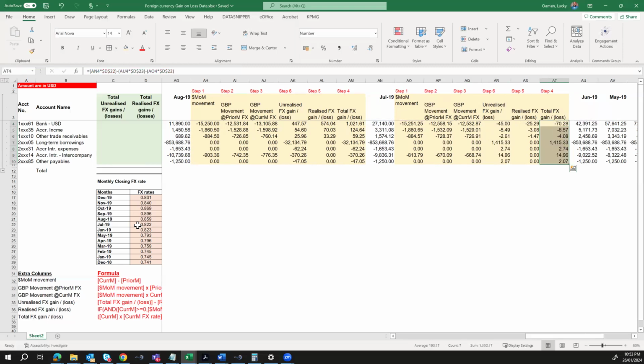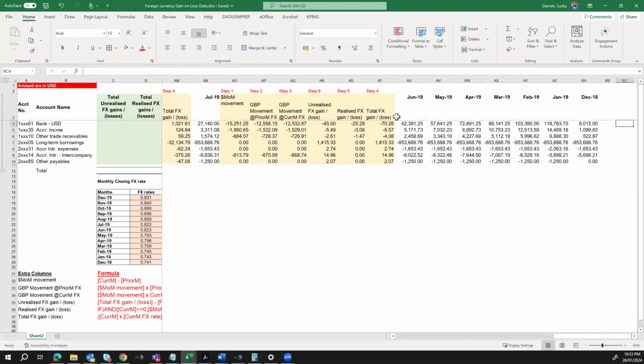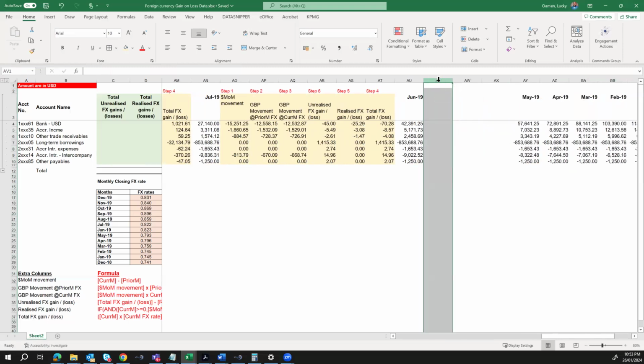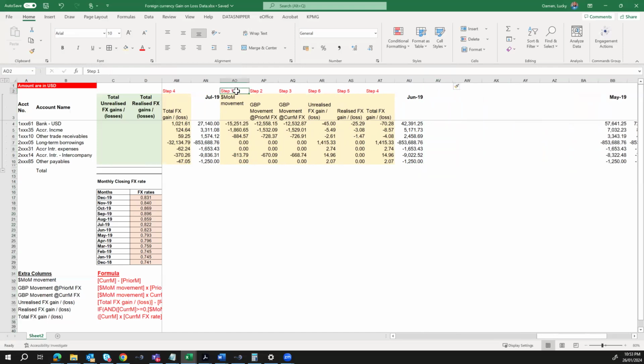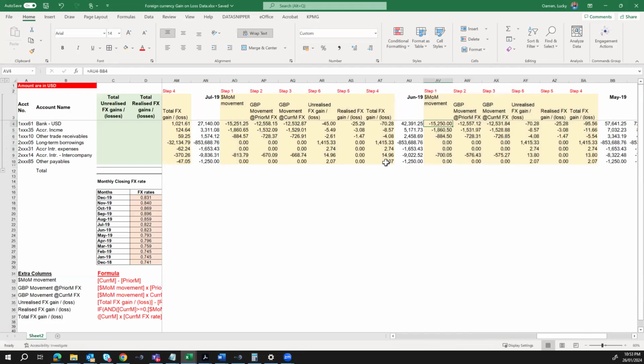Right, so I'll do a similar thing for June and May months. Copy my formulas from step 1 to 6, paste, check for the rates being picked. Step 2 becomes May rates, drag down.